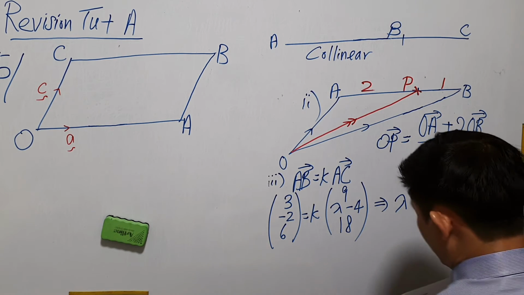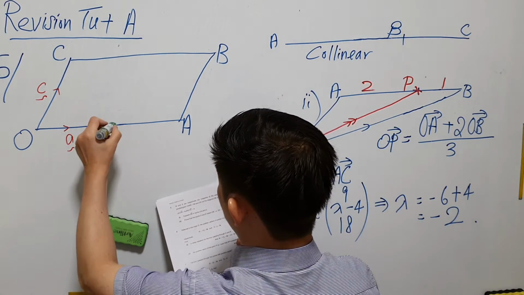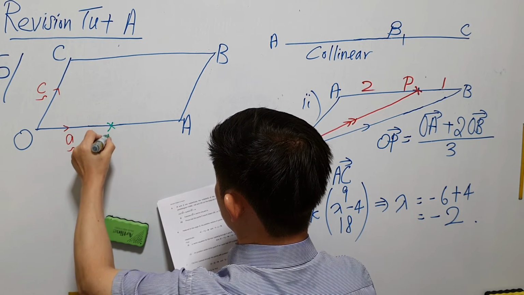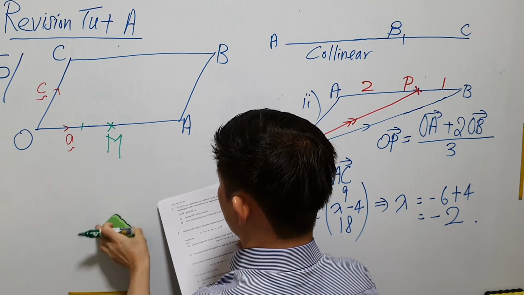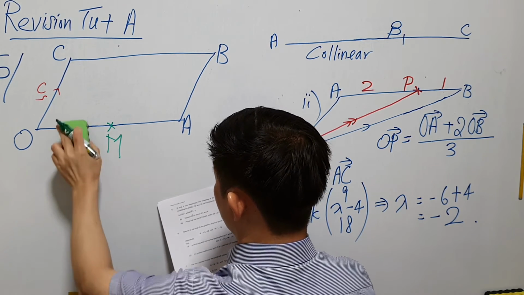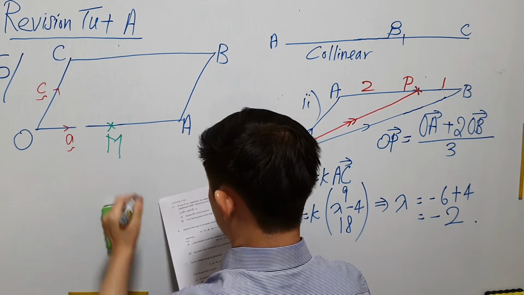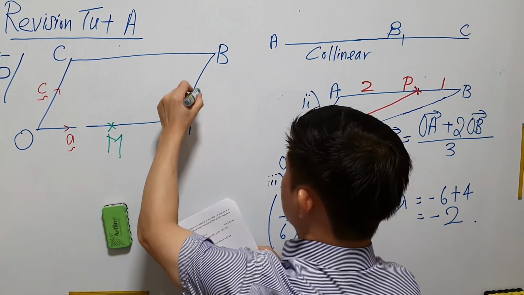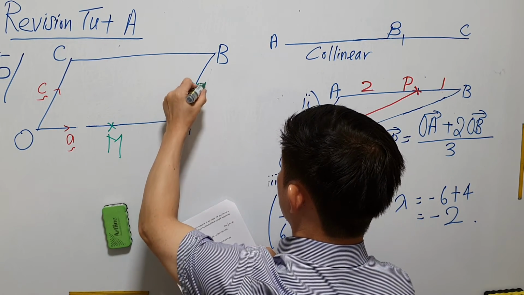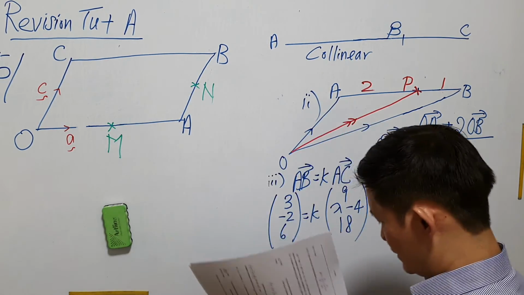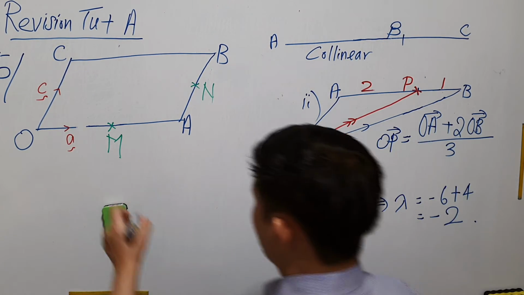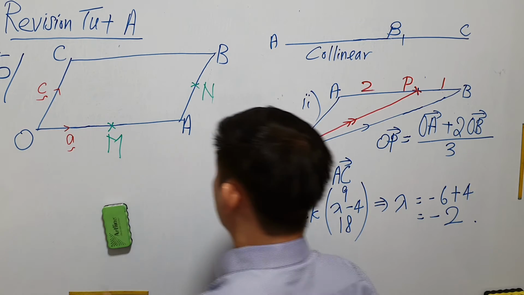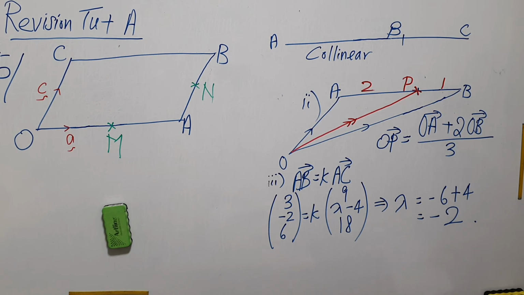So there is a point M, which is midway, and this N. You want to remember that these 2 points M and N are midpoints, in the center of OA and the center of AB respectively.